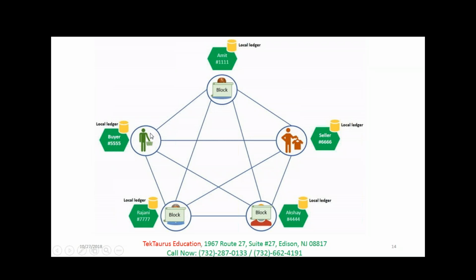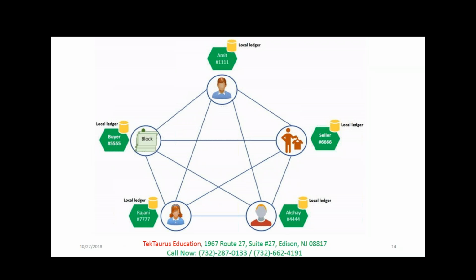He creates the transaction and sends the details to everybody connected to him in the network. You can see a block moving from the left side to the right side. All these three persons get the details of the transaction.